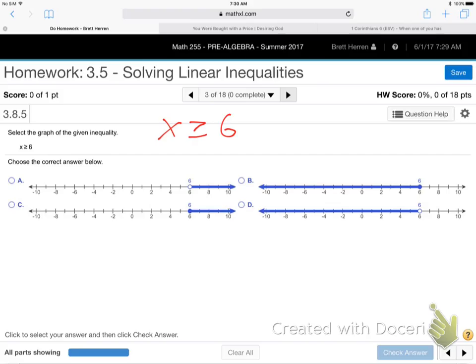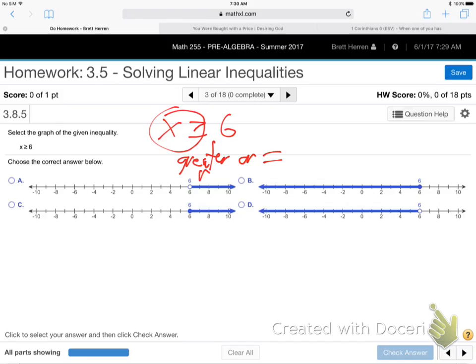Where is the X? Yeah, so what does this say? X is greater or equal, right? Because X is on the wide mouth side again. So X is greater or equal.